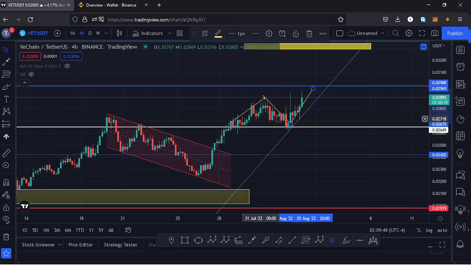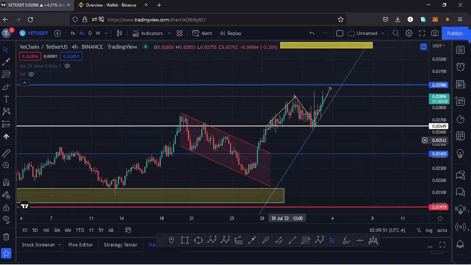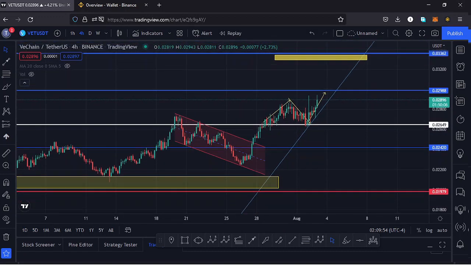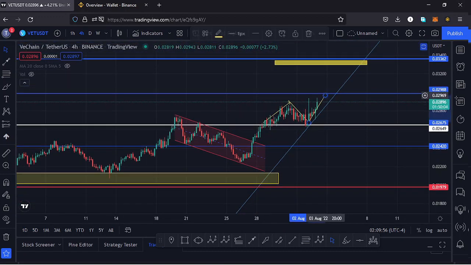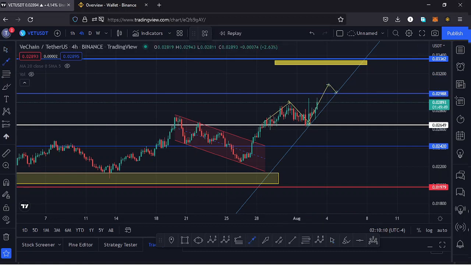And that brings me to the key scenarios that I expect to play out on this chart. It's possible that Vechain will continue pushing higher and go to around the $0.029 mark, where we have our next key area of resistance. And once we manage to break above that key area of resistance, I expect us to have a retest of that area and then continue pushing higher.